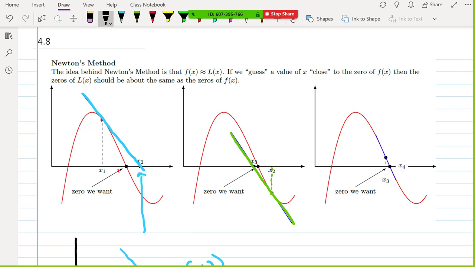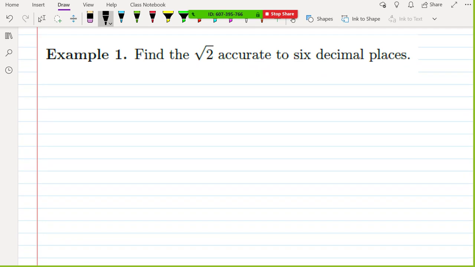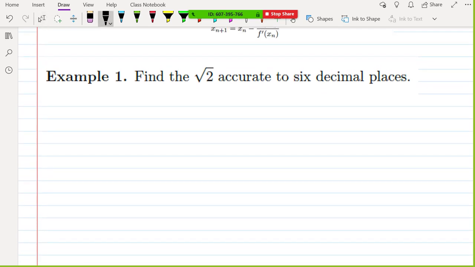So we need to guess x1, but we also need a curve that has the root or the solution that we're trying to look for. So in this case, we need a function that has an x-intercept or a 0 that is equal to the square root of 2.